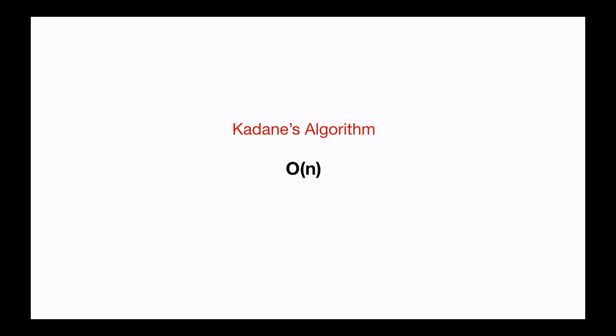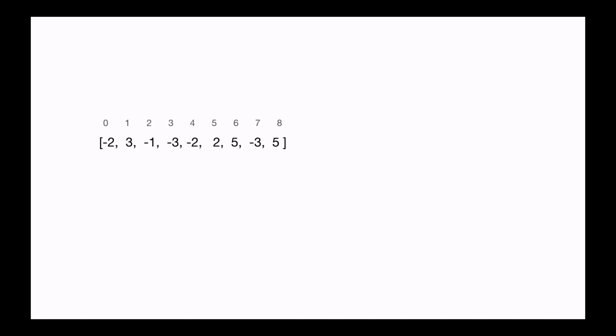In Kadane's algorithm, we get the max sum ending at each index. See here, the max sum ending at index 0 is minus 2. Now the max sum ending at the next index can either be minus 2 plus 3, that is 1, or it can be 3. As 3 is greater than 1, the max sum at index 1 is 3.